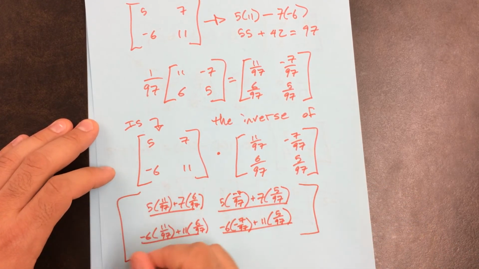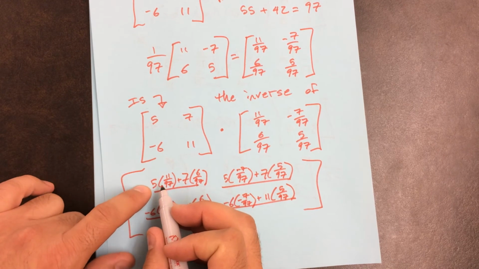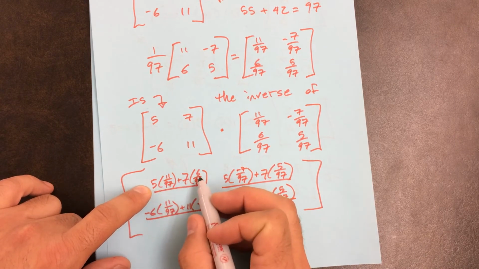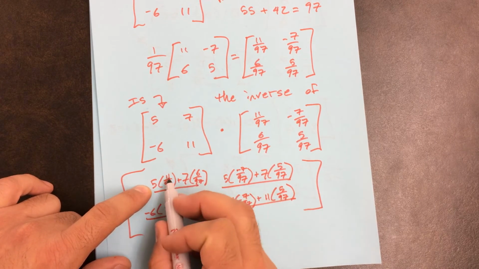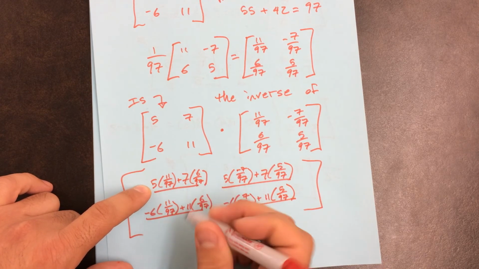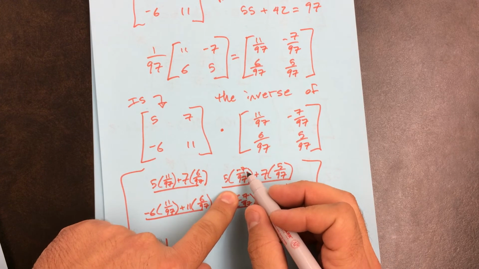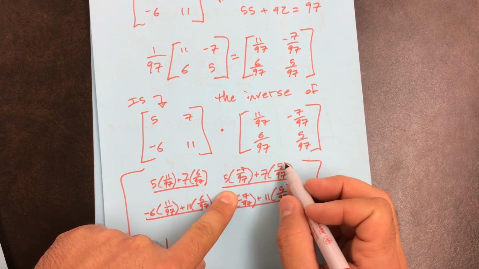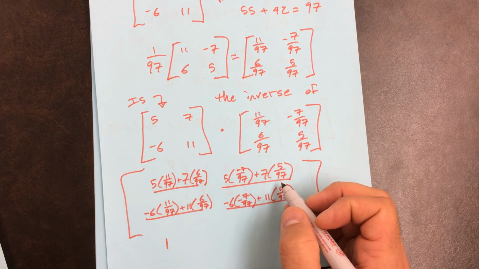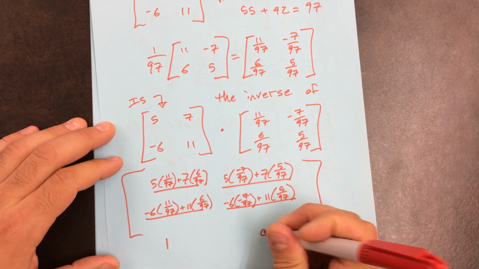So I'm going to simplify this out. This is 55 over 97 plus 42 over 97. 55 plus 42 is 97 over 97, which is 1. This one gives me negative 35 over 97 plus 35 over 97. Negative 35 plus 35 is 0.